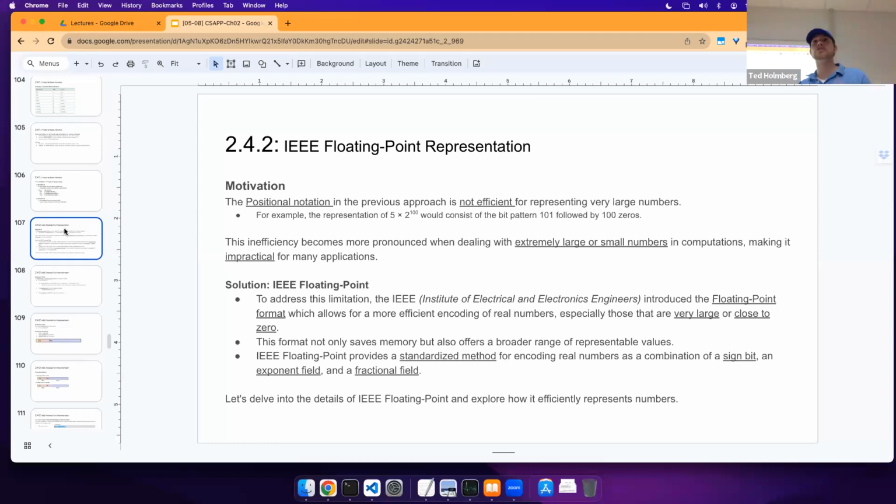Now, there's severe limitations with using positional notation if we want to store floating point numbers or our real numbers into our system. And that's because they're not super efficient. Every one of the bit placements represents a particular value, right? Like if it were decimal math, you'd have your tens place and your hundreds place and your thousands place, right?